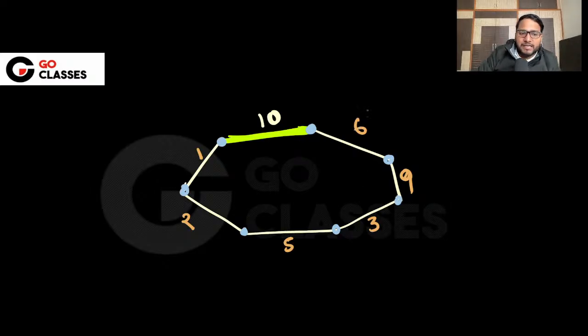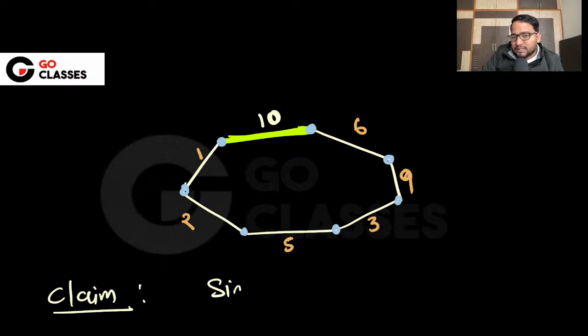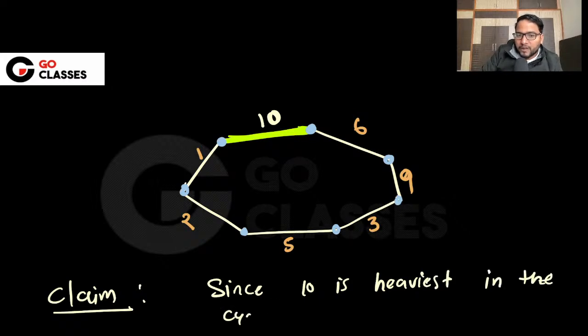Now suppose this is the cycle that we have. Now my claim is that since 10 is heaviest in the cycle, hence 10 will not be part of any MST. Is the claim clear?